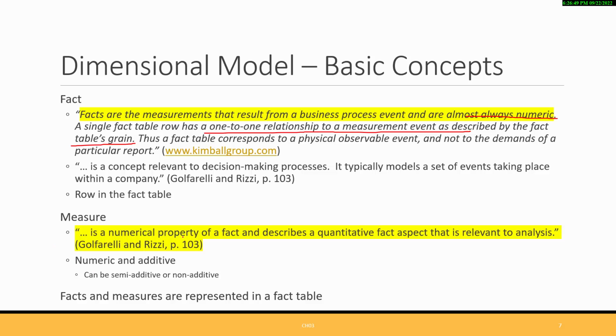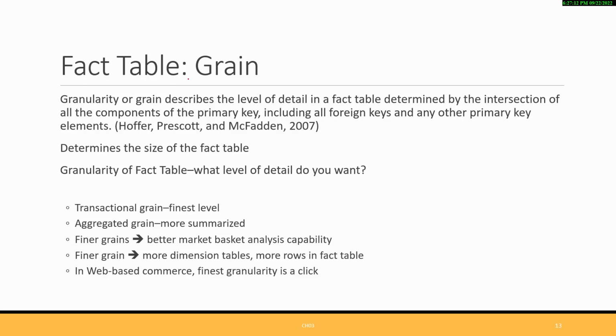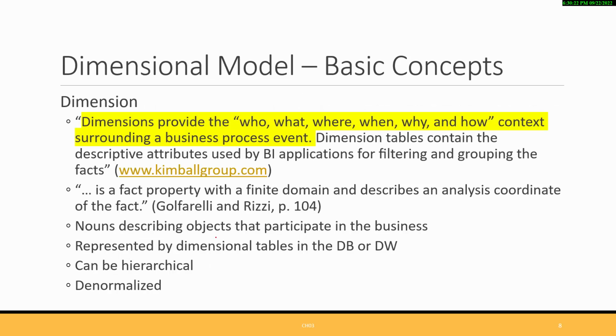A measure is a numerical property of a fact and describes a quantitative fact aspect that is relevant to the analysis. We'll discuss examples of this later on. So what is a grain? The grain, or the granularity, of the fact table describes the level of detail in a fact table.